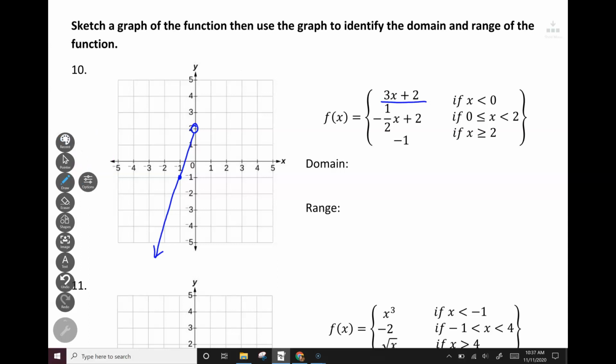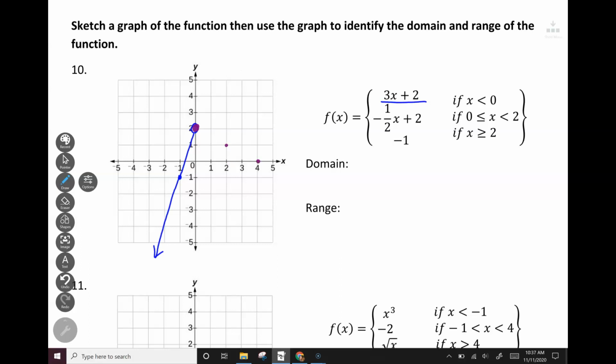Okay, now I'm going to do the second one, and that's going to be from 0 to 2. So right here we've got a y-intercept of 2, so we do get a point there, because it's equal to 0 for that domain. And then the slope is -1/2, so down 1 over 2, down 1 over 2.